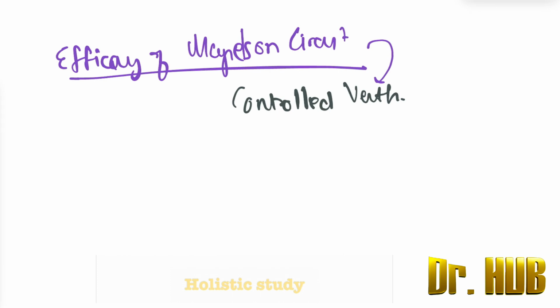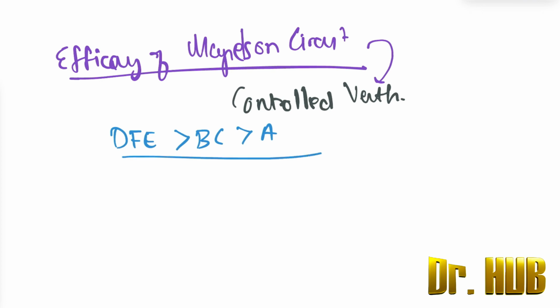So what does it include? In order of controlled ventilation, there is DFE, this is greater than BC, greater than A. So in terms of the spontaneous, it was A greater than DFE greater than CB. Here it is DFE greater than BC greater than A.